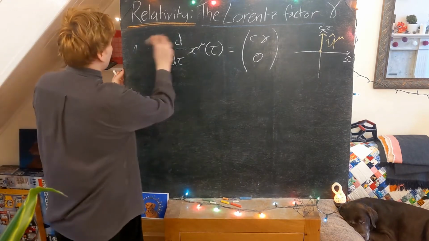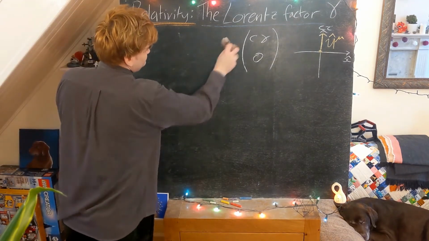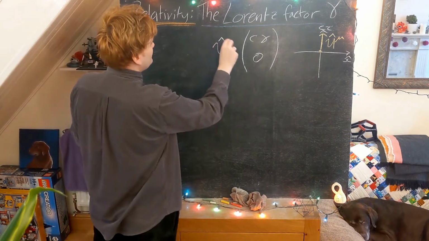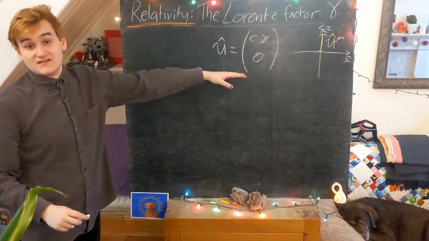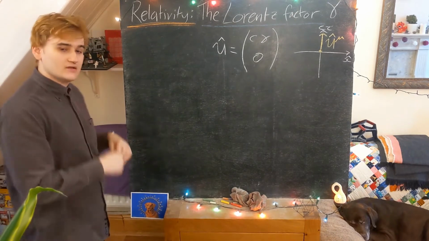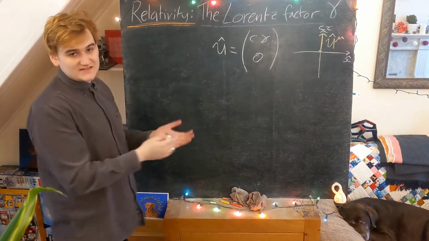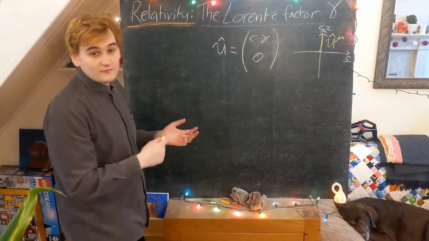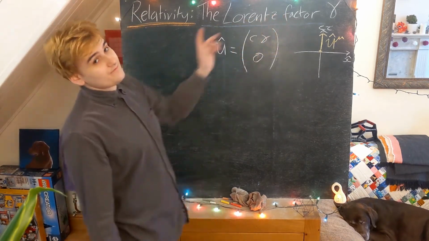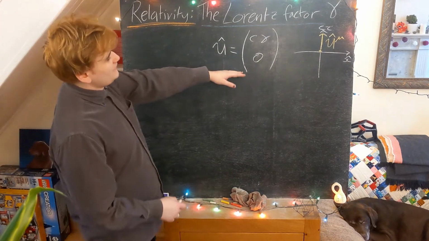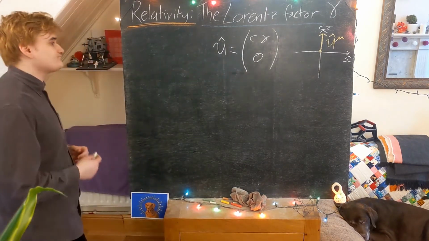So in our own frame, this is our stationary, or spatially stationary, four-velocity. We still have some velocity through spacetime, we're still travelling through time, but we just are not travelling through space at all. So that's in our own frame.